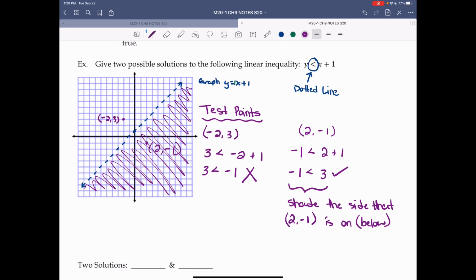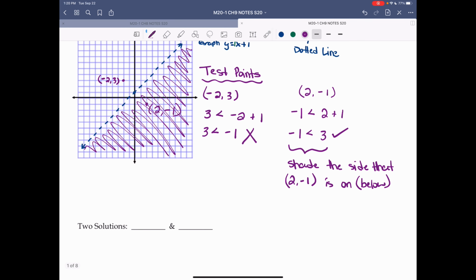That means that any point that's in the shaded region is a solution to our inequality. We want to give two solutions. So we choose any 2 points in the shaded region.